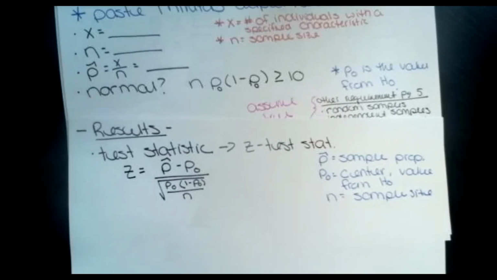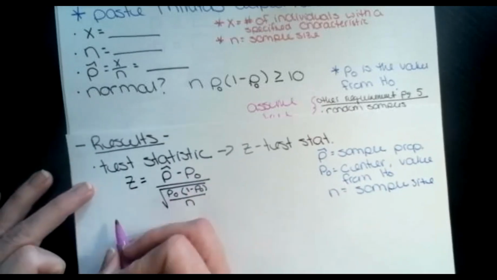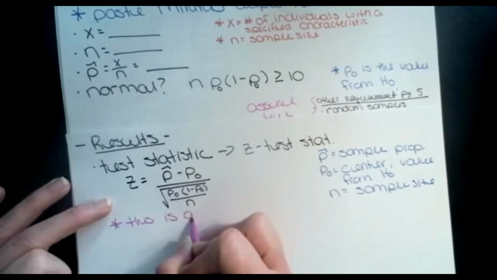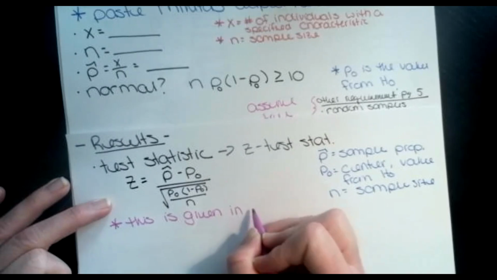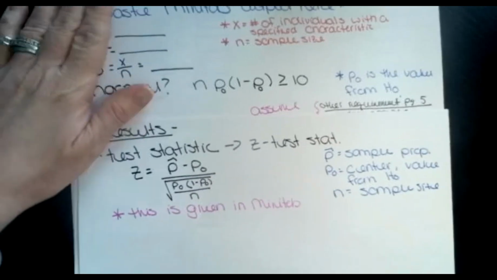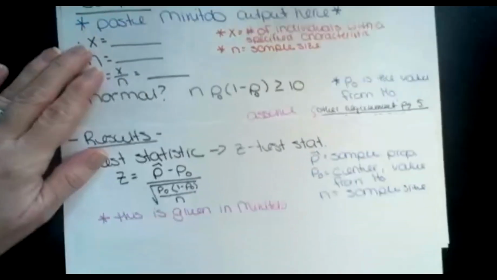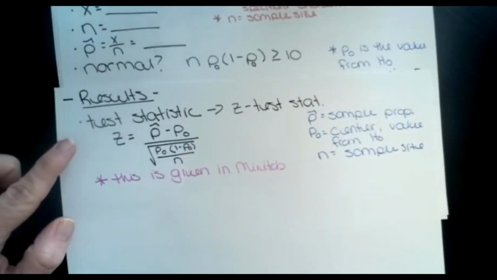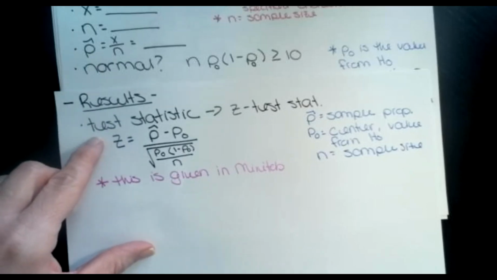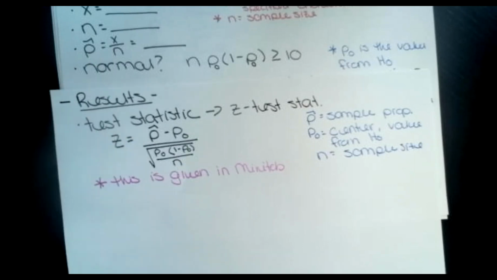And I just want to say it again, this is given in Minitab. So when you copy and paste your Minitab output up here in the sample step, you will have all that information right here. It's just a number. So you're just going to say, oh, my z-test-stat is, and you'll just write what it is. I like to give you the formulas just so you have a little bit more meaning behind it.